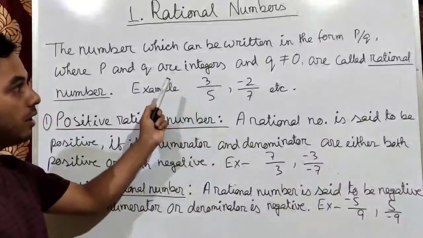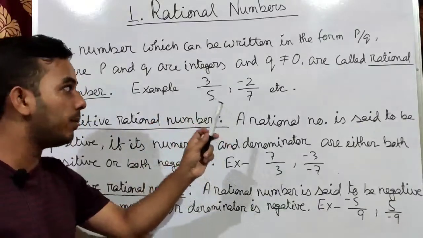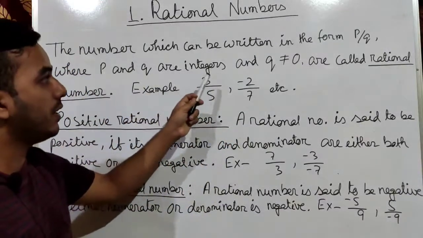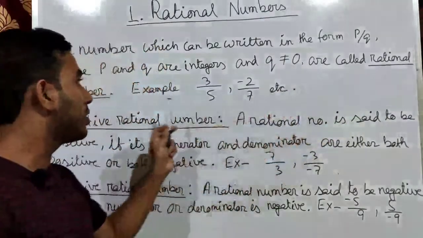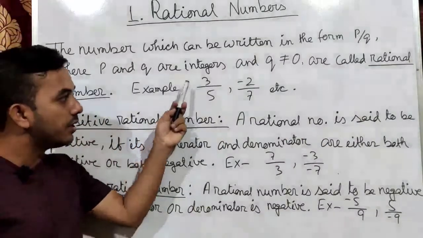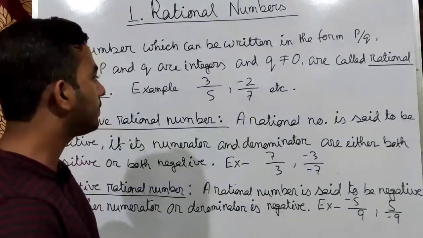As I told you, in the rational number the numbers are integers, and in fraction the numbers are whole numbers. So where p and q are integers and q not equals 0 are called rational number. For example, 3 by 5, another is minus 2 by 7, etc. Okay.